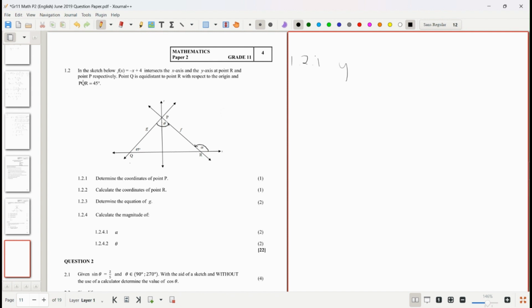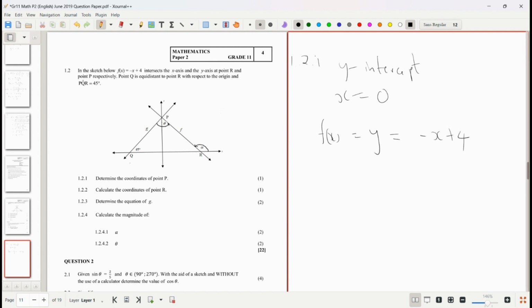1.2.1, y-intercept: x will equal 0. We copy the equation of f. We know that f of x is the same as y, so y equals negative x plus 4.